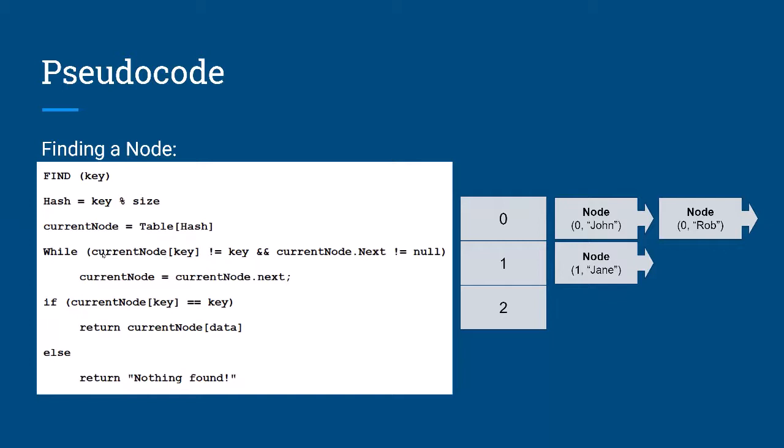The while loop here is checking if the current node in the index exists, and if it does, it's going to traverse through it, and if we do find it, then we're going to return that node. And if it doesn't exist there, then it'll just return a string of nothing found. So let's say that we're trying to look for Rob.